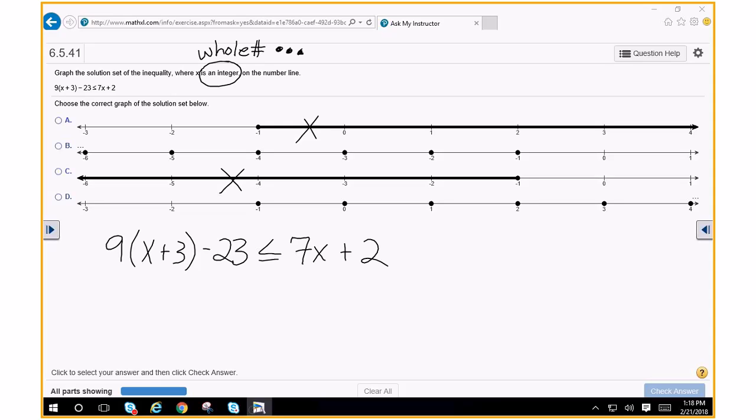Need to distribute first. Distribute the 9. 9x plus 27 minus 23, 7x plus 2.